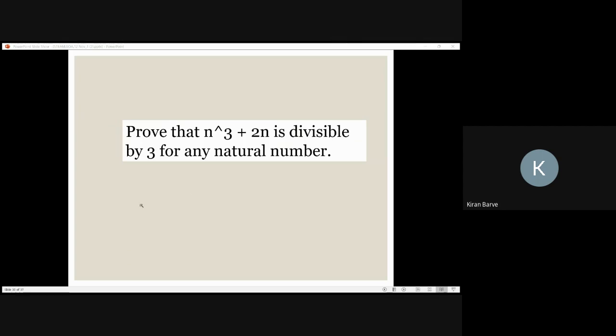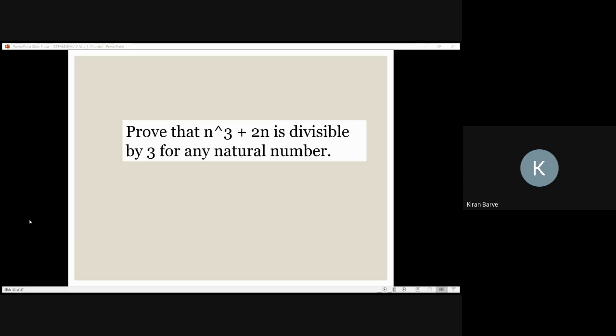No problem. All the integers are now in the boxes: remainder 0, remainder 1 or remainder 2. The infinitely many integers in the box of remainder 0 do satisfy that n cube plus 2n is divisible by 3.